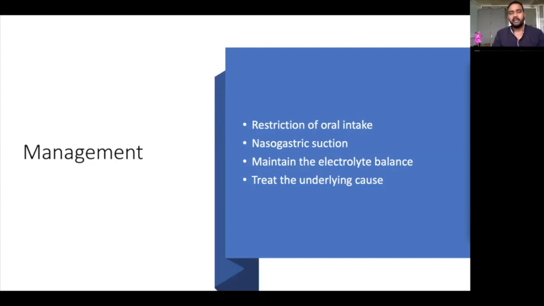So whenever the bowel wall is compressed, the blood supply to the bowel wall will be compressed. Why does this compression occur? Because of the increased distension. When the bowel is distended very much, that will compress the blood supply of the bowel wall.